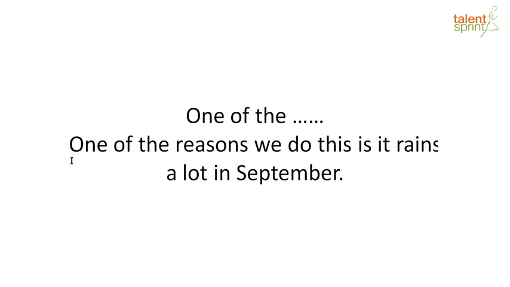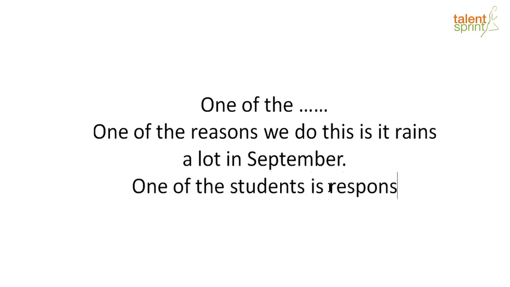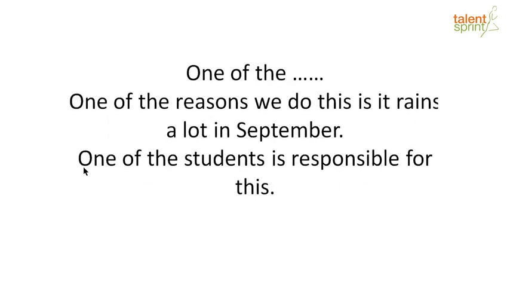So if you see, the sentence begins with one of the, and then I have a plural subject, right? Reasons. Let's look at one more example sentence. So again, I have one of the students, a plural noun or subject following one of the, right? So keep this in mind.